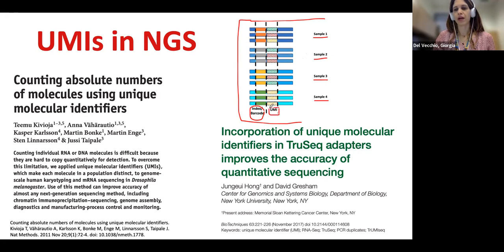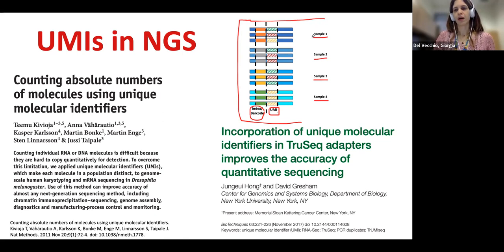UMIs label the single molecule. So one sample can have multiple UMIs. They are not correlated somehow with the sample. It's just the molecule.